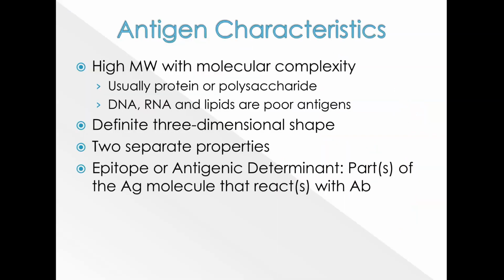So let's talk about the characteristics of a good antigen. Typically it is a protein or a polysaccharide, a glycoprotein, basically a polysaccharide and protein together. DNA, RNA and lipids make really poor antigens because they tend not to have a specific shape.